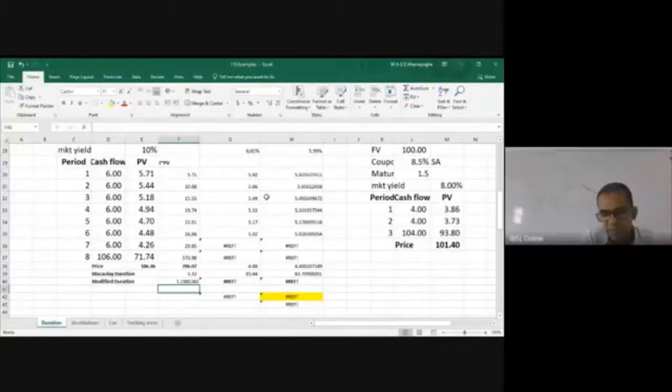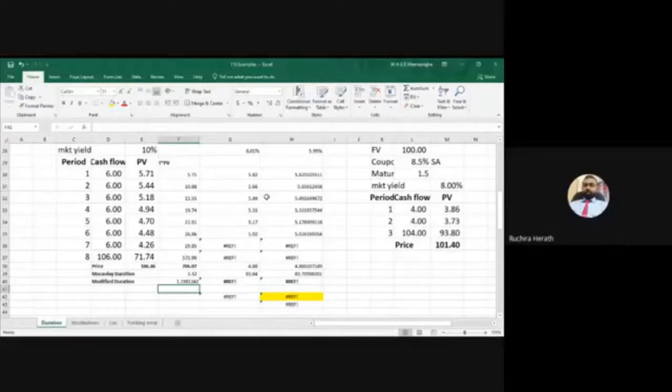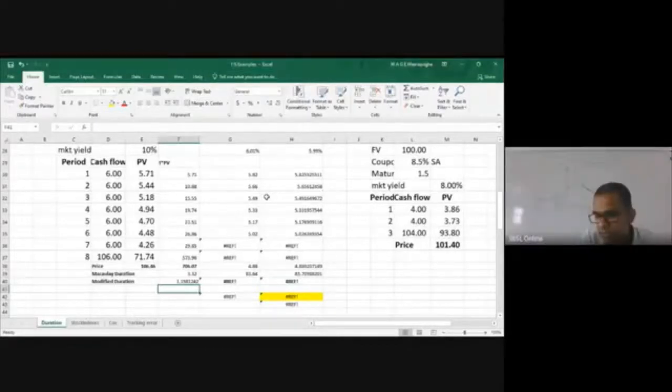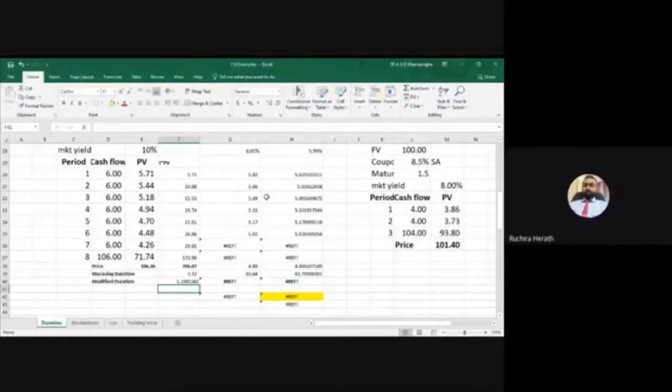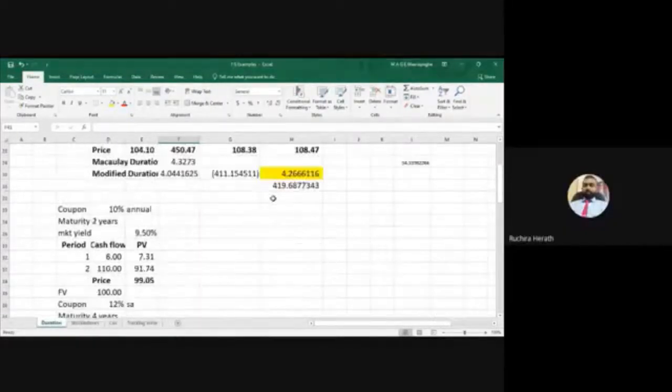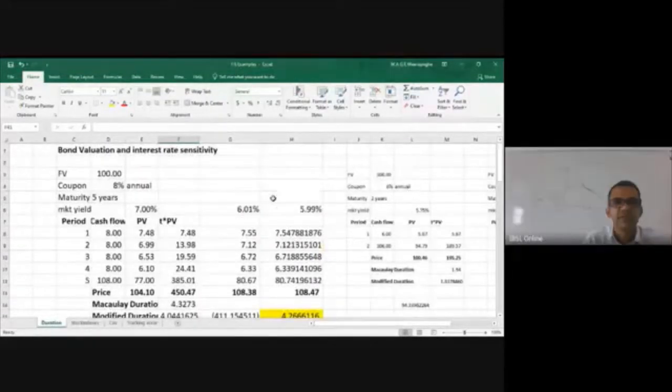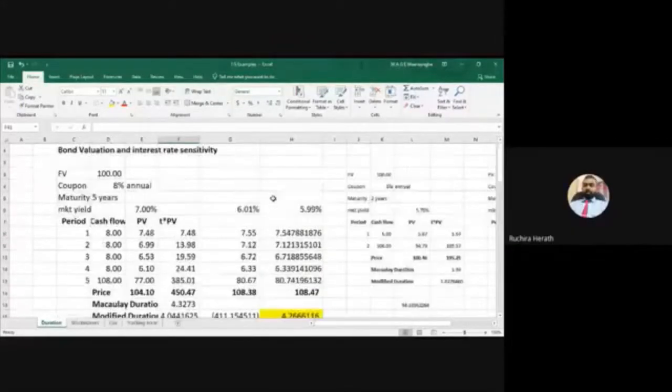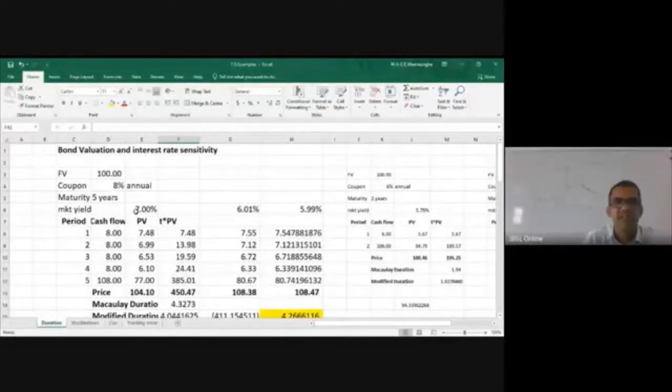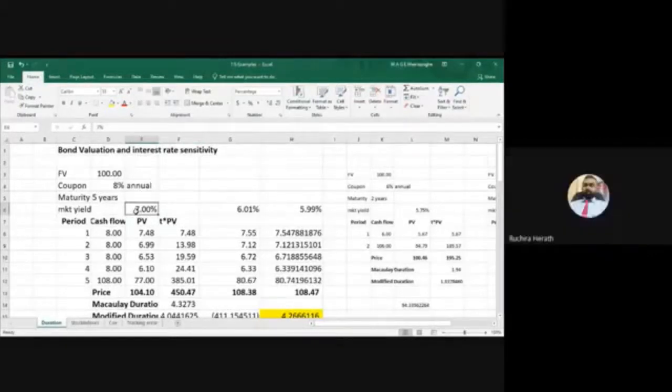Can I see the previous example, sir? Yes, the initial example, this one. Yeah, there we take the market yield as 7.